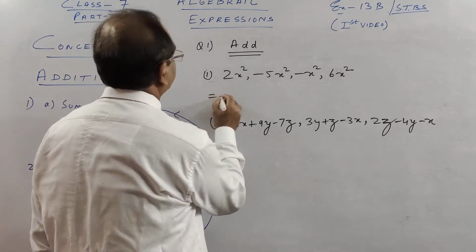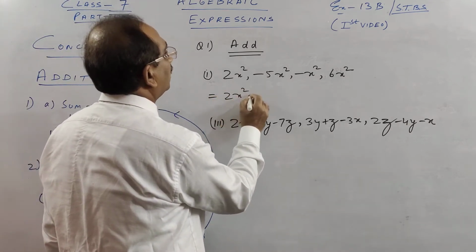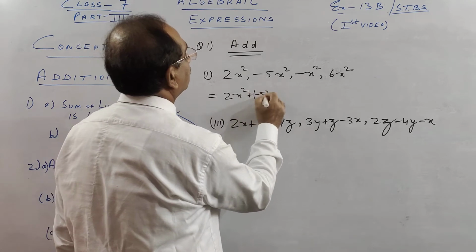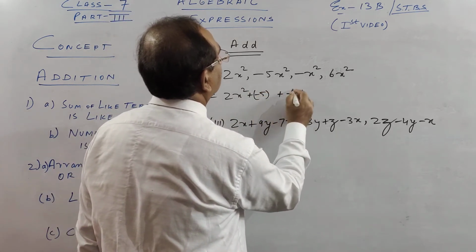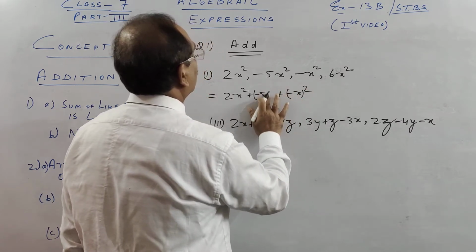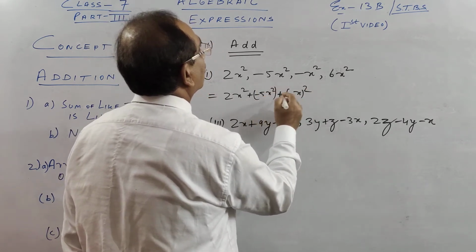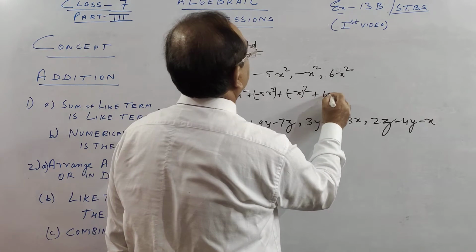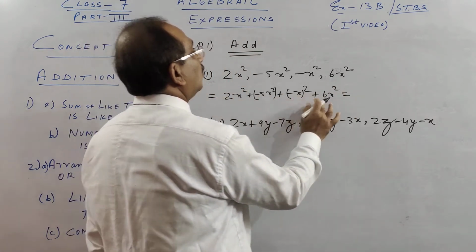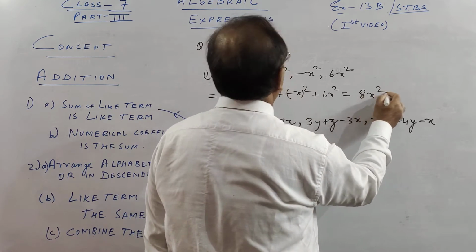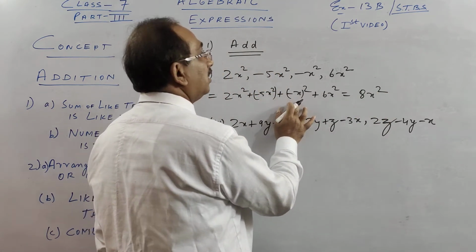You see, we have to add, so you can write plus minus: 5x square plus minus x square, plus 6x square. So here you see ultimately it is 2 plus 6, 8, and minus 5 and minus 1.